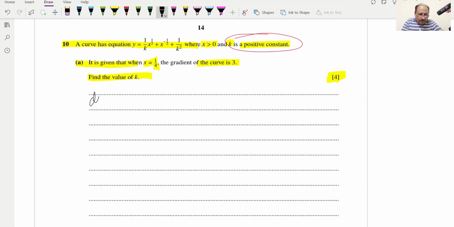So dy/dx will be, the derivative of this will be what? 1 over k constant as it is, and the derivative of x raised to power 1/2 will be 1/2 × x raised to power minus 1/2, and plus x raised to power minus 1/2, we can write the derivative as minus 1/2 and x raised to the power minus 3/2, and the derivative of 1 over k squared will be 0.